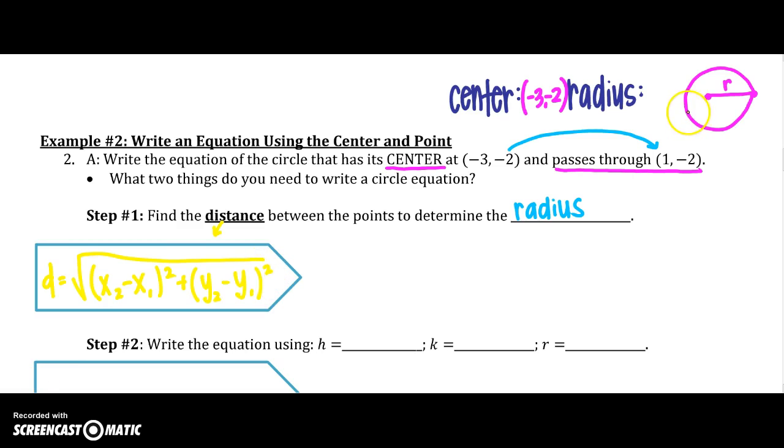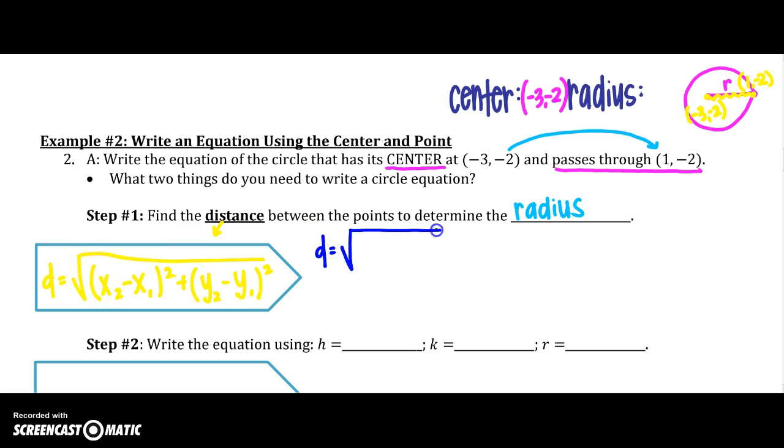So knowing that the center is at (-3, -2), and we'll just say that this is at (1, -2), we can use the distance formula to go from our center to the point on the circle. And that's what we need to write that equation. So we'll just find the distance.